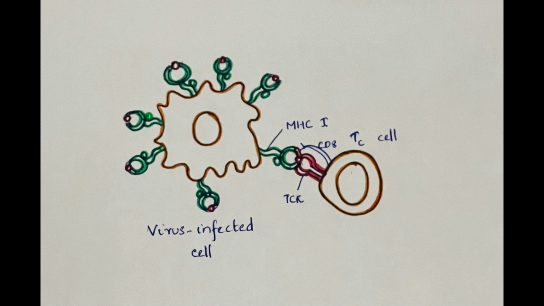So this is a virus infected cell and you can see there is class 1 MHC molecule on its surface. So the antigen is loaded onto this MHC1 molecule. Okay, antigen is bound to class 1 MHC molecule and it is presented to T cytotoxic cell. And the T cytotoxic cell will recognize this antigen MHC1 complex.